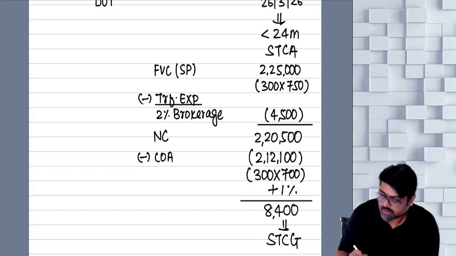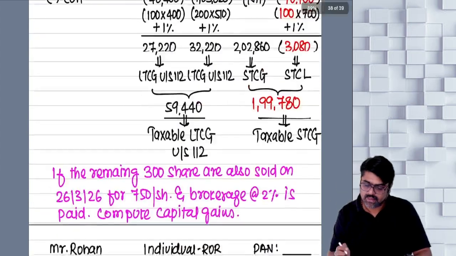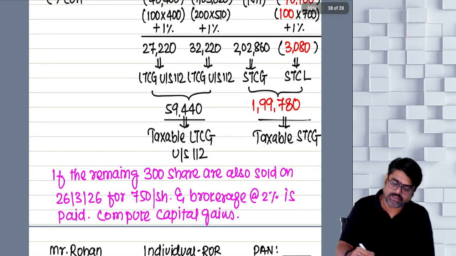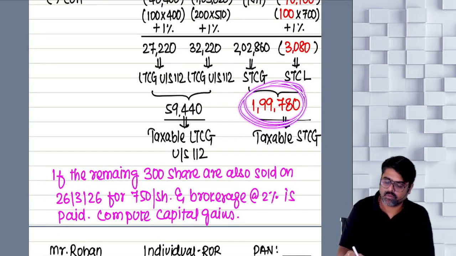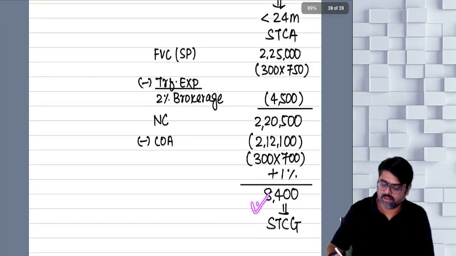This is the short-term capital gain. So if this extra column was there in the question, then my final answer here would have changed. How much will this become now? The LTCG will remain the same, but in this, now the short-term gain of 8,400 will be added.